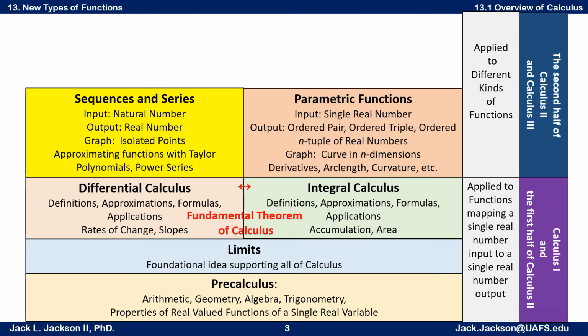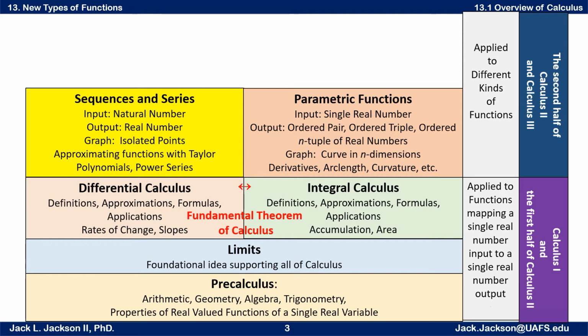And if so, the graph would be tracing some sort of curve in a plane where the output is a point given as an ordered pair, xy coordinates, but the input is some other variable like time. So we're tracing some path over time. And so the point has an input of a certain time and output of the actual location. So the graph is going to be some kind of curve in a plane.